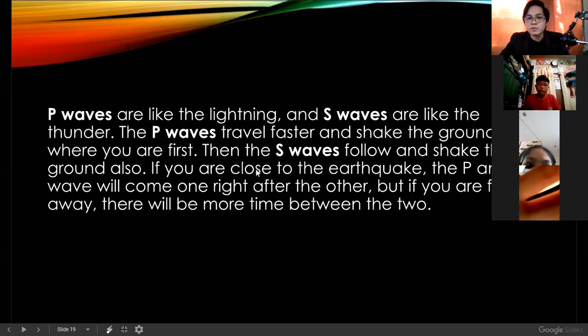If you are close to the earthquake, the P and S waves will come one after another. But if you are far away, there will be more time between the two, and it will take time for you to identify. Again, P waves travel faster and shake the ground where you are first. S waves follow and shake the ground after the primary wave.